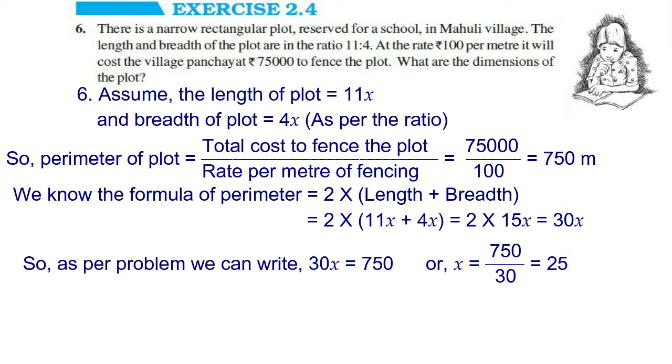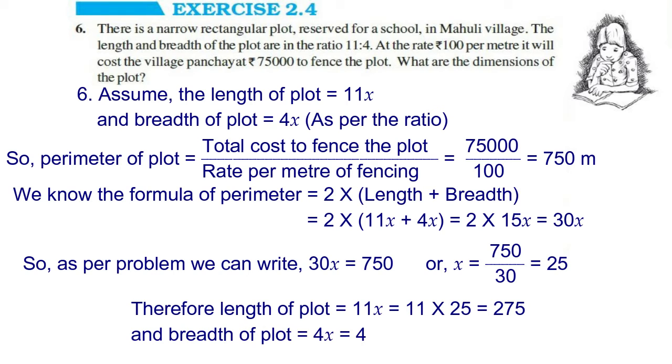Now for calculating the length and breadth of the plot, we just put the value of x into 11x and 4x. So we get the length 11x is equal to 11 into 25, which is 275, and the breadth 4x means 4 into 25, which is 100.